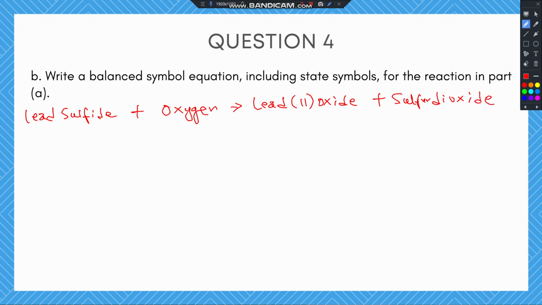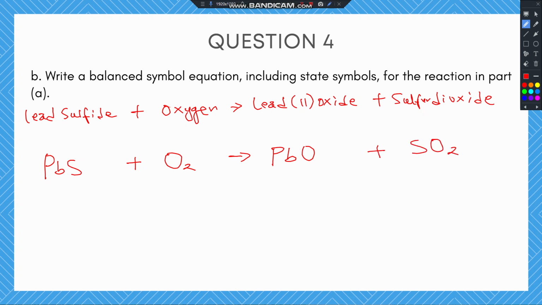Let's write the formula for each of them. Lead sulfide is PbS, plus oxygen, that is O2, giving us lead 2 oxide, PbO, and then plus sulfur dioxide, that is SO2.